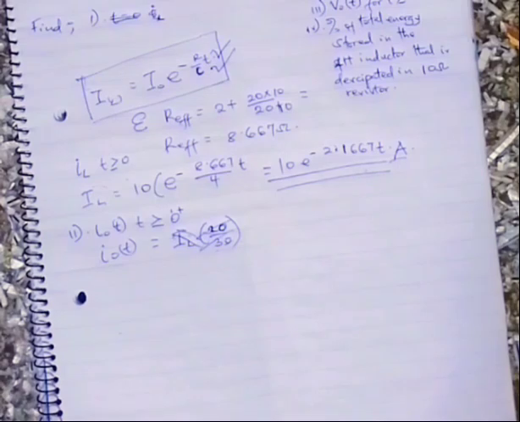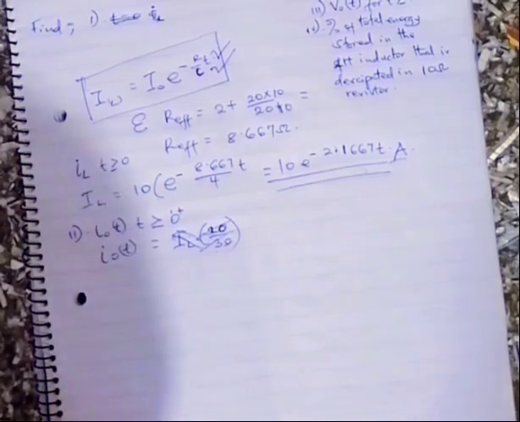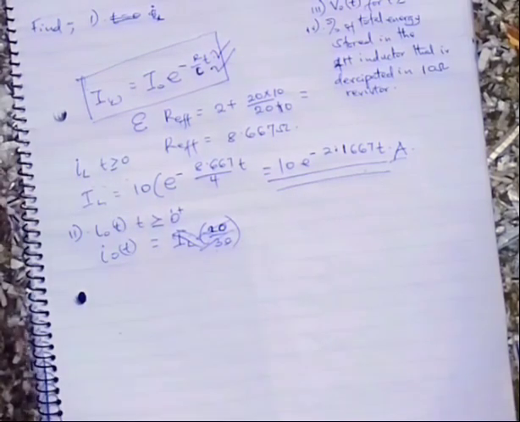Next, we've been told to find i0 with respect to t, for t greater than or equal to 0 positive, that's immediately when the switch is opened.